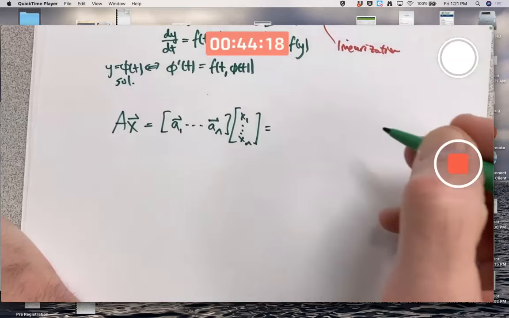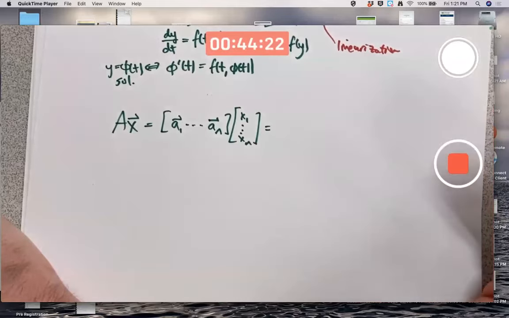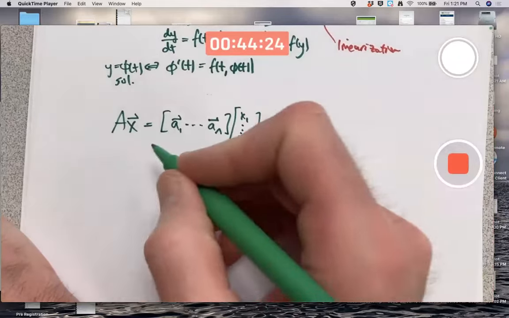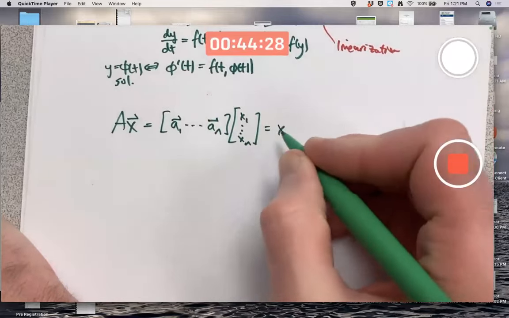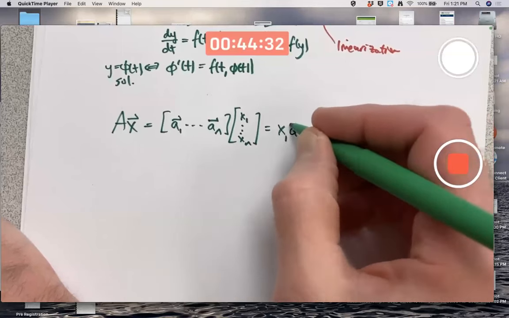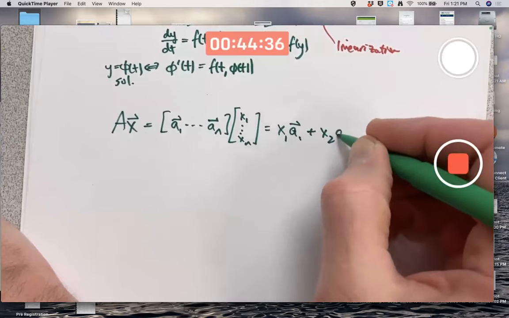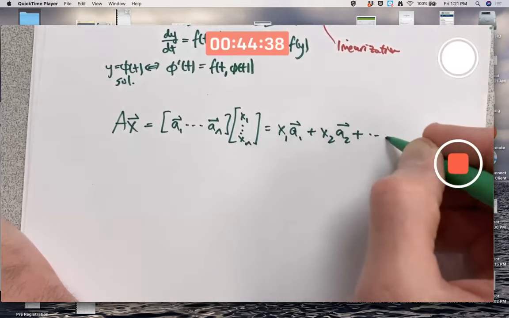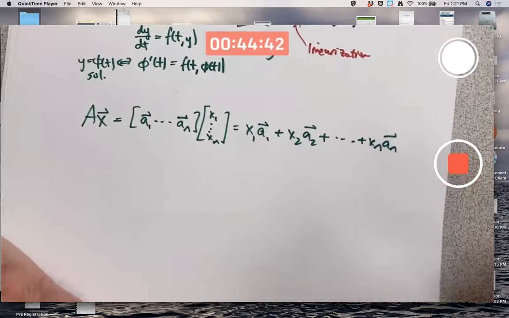You can write down a formula like this, but you should also be able to describe it verbally. A times X, by definition, is a linear combination of the columns of A, where the components of the vector X are the weights, the scalar coefficients in front of the columns of A. That's called a linear combination.